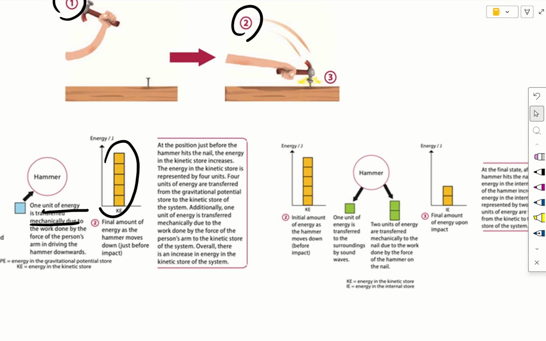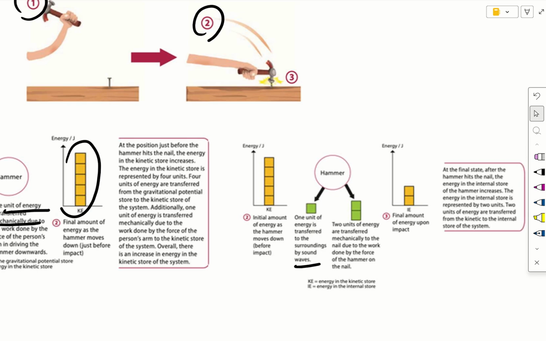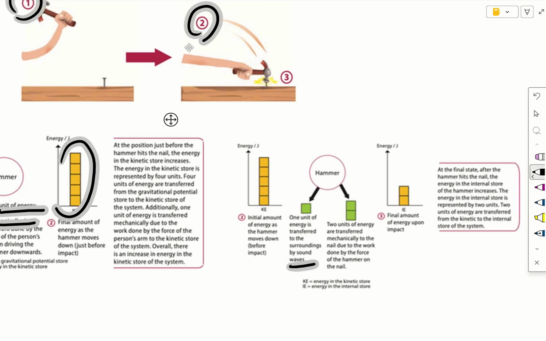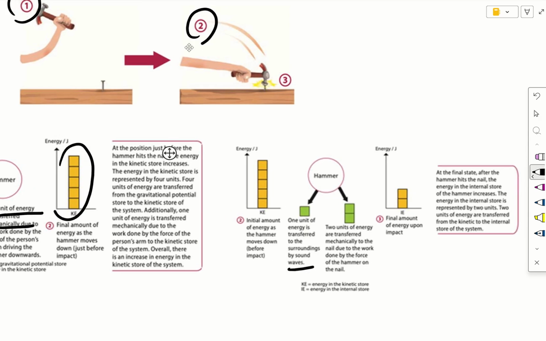And 1 unit of energy is being transferred to the surrounding by the sound wave. It makes a sound when it hits, right? And 2 units of energy are transferred mechanically to the nail due to the work done by the force of the hammer on the nail. Okay, so this one is used to drive the nail down. So 1 unit, no choice, is transferred to the surrounding by sound wave.